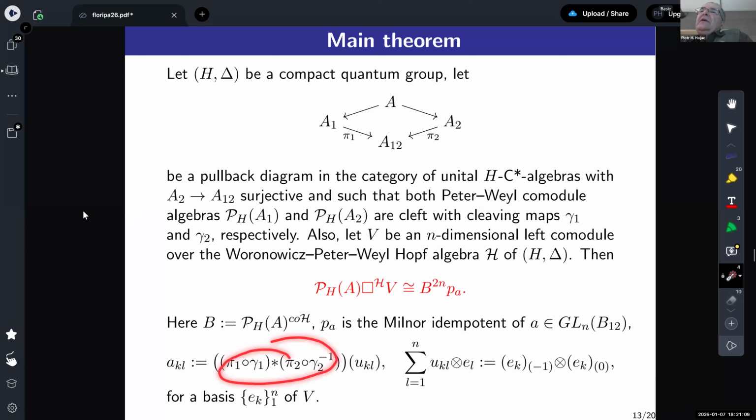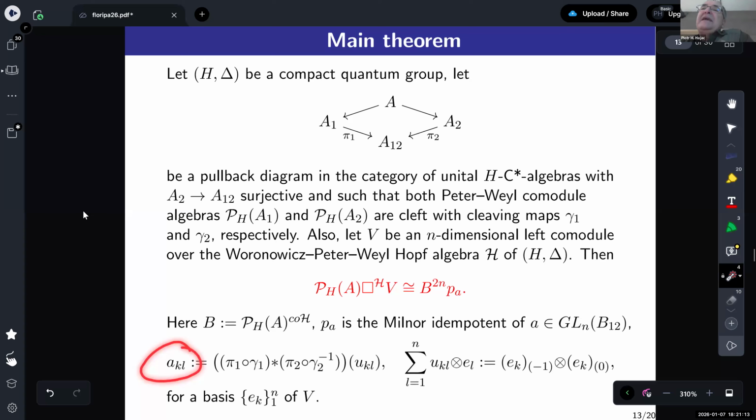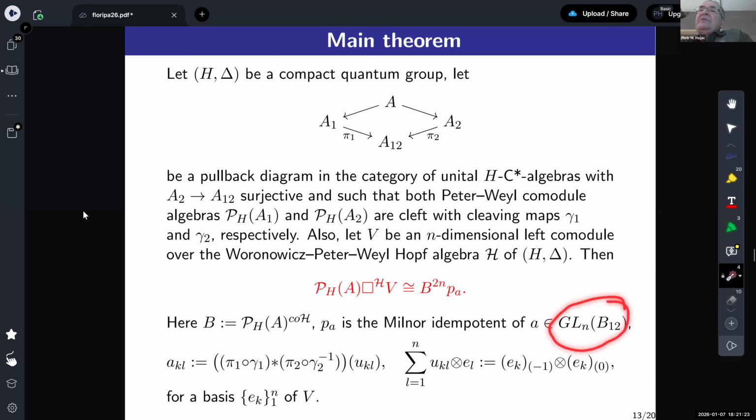Okay. And well, by definition, this is now a matrix with entries over B12, right? This is an n by n matrix with entries in B12. And also you can prove that this is invertible. Yeah? It's an invertible matrix.